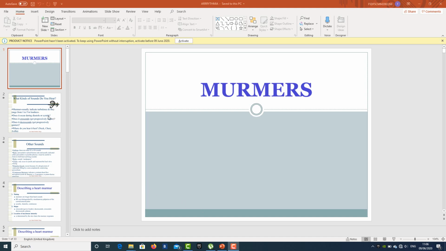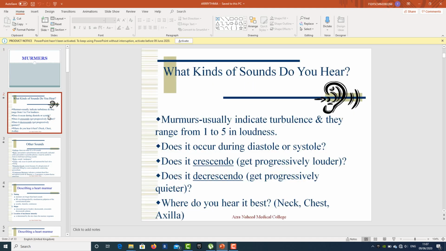We are going to learn what kinds of different sounds we can hear with murmurs. They usually indicate turbulence, and they range from 1 to 5 in loudness. Now, what are those criteria? One is, does it occur during diastole or systole?